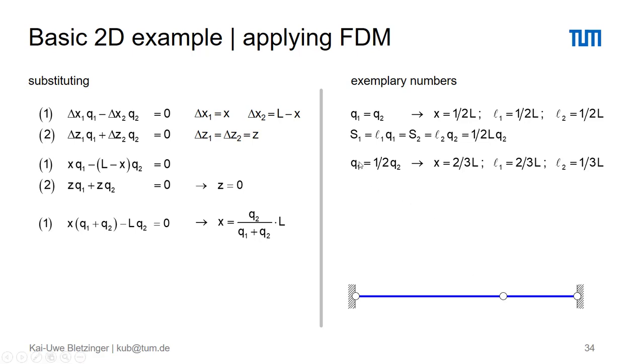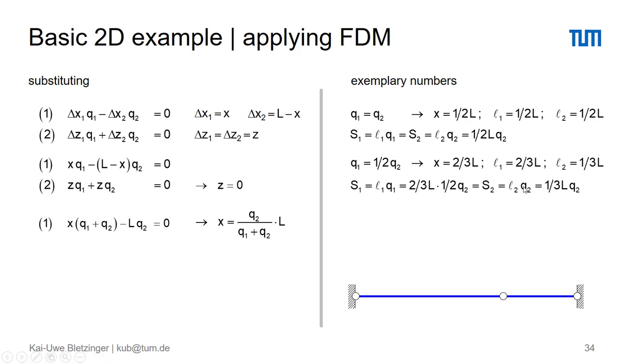Nevertheless, although the force densities are not equal, the forces should be equal, because from equilibrium we see the force should be the same throughout the complete structure. Let's check if that is really the case. S1 we receive by multiplying Q1 and L1, where we have 2/3 of the overall length times 1/2 of Q2, which is 1/3 of the overall length times Q2.